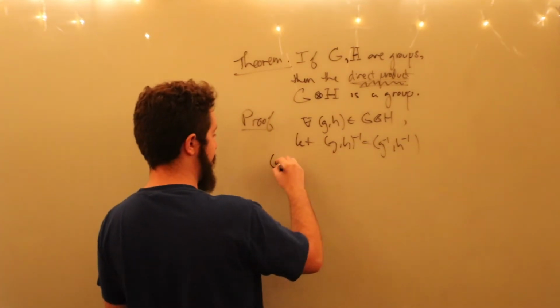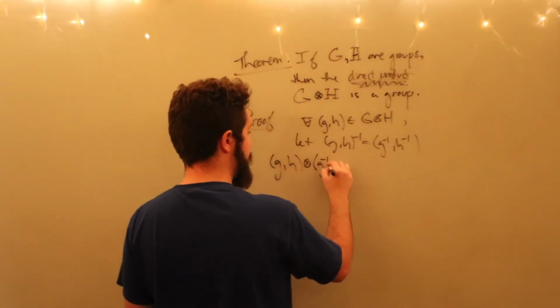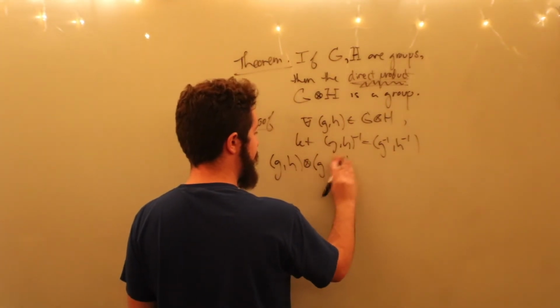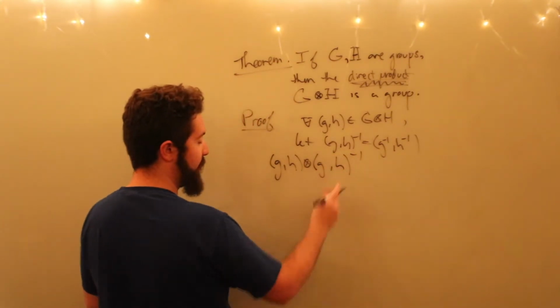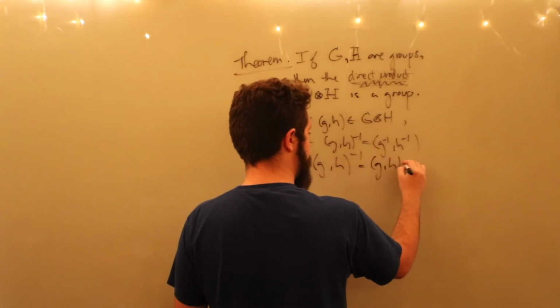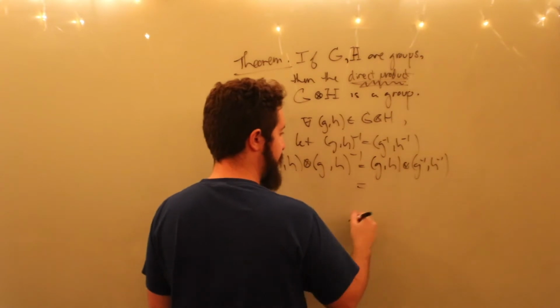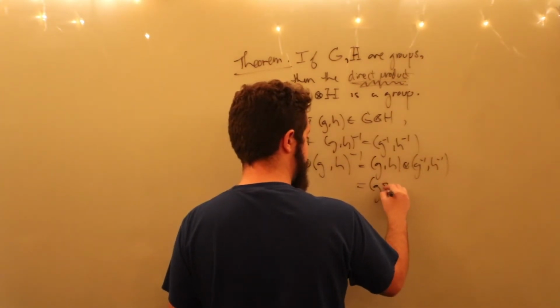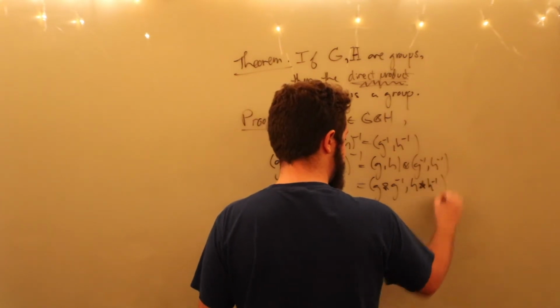We're going to get that (G, H) times (G inverse, H inverse), the way I'm defining the inverse element, is equal to (G star G inverse, H star H inverse).